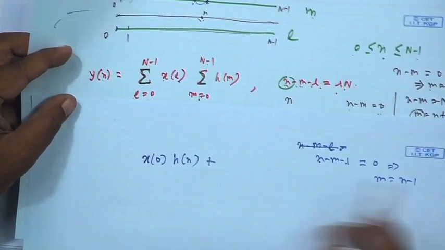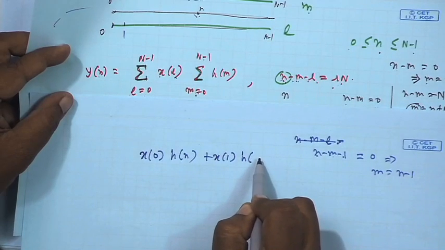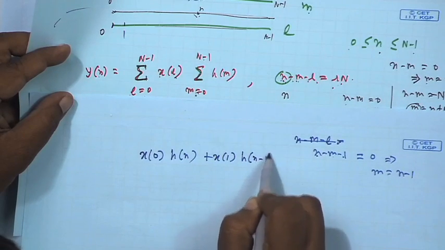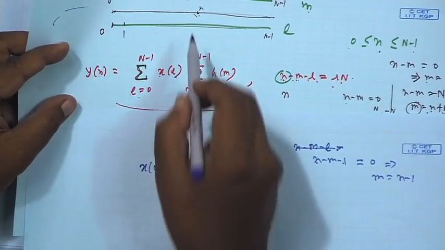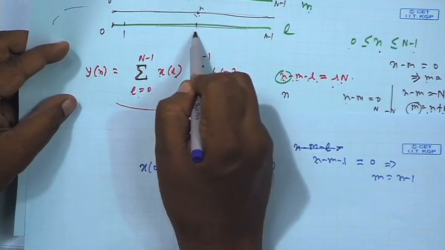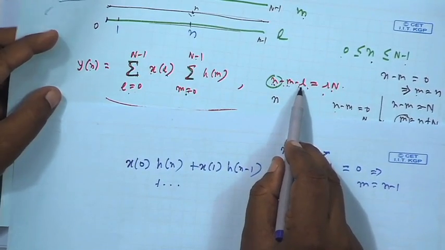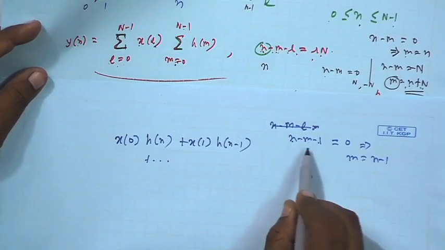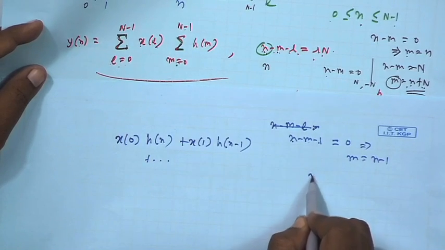So, which means when it is 1, it will be h n minus 1, and so on. When L is n, then n minus m minus L, and L is n, so you get only minus m.